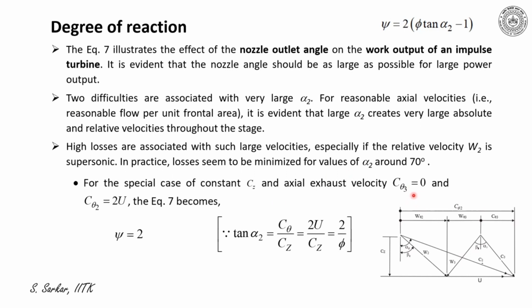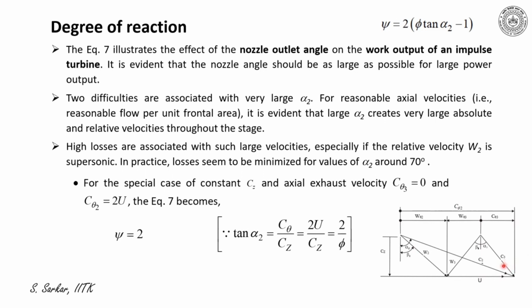And if C theta 3 is 0, then we can prove C theta 2 is equal to twice U. Now please note that if C theta 3 is 0, that is exhaust becomes axial, then C3 will have minimum value.